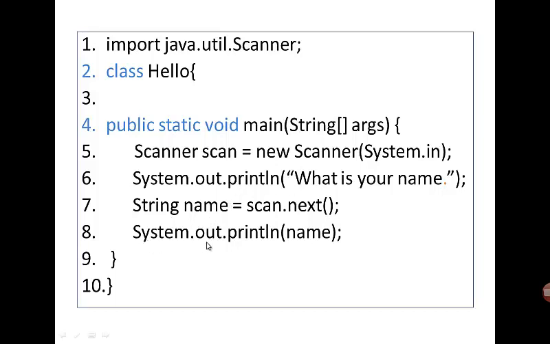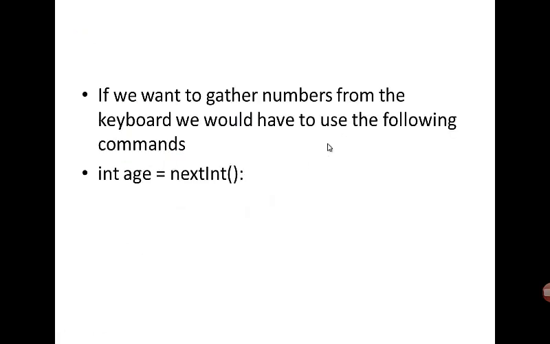And then here we just print to the screen, System.out.println name. These are the modifications or adjustments that we're going to make to the program today as part of our lecture. Now let's say I wanted to get a number as opposed to a string or characters. I would just simply change that line here.